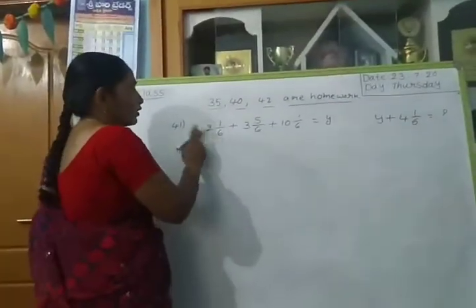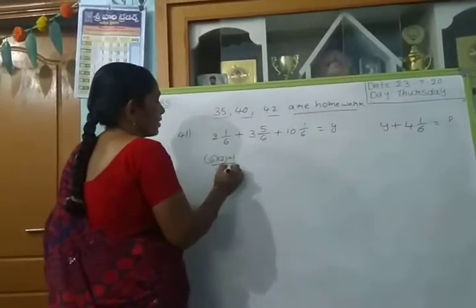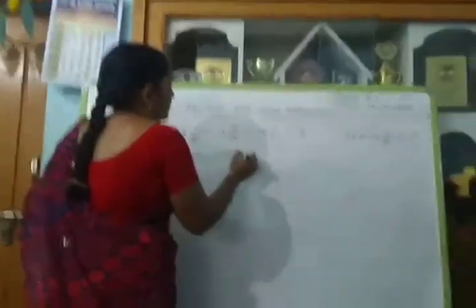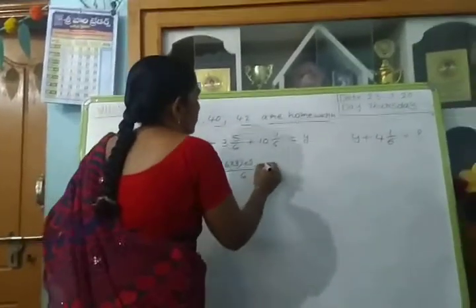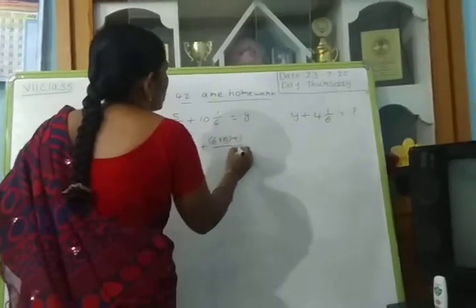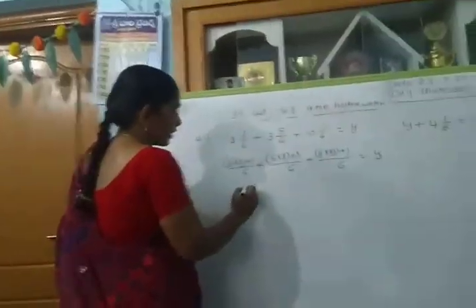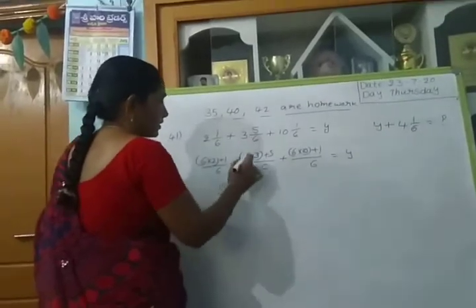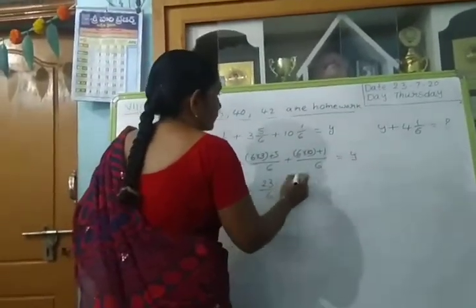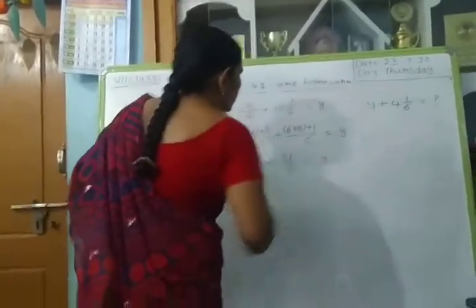If you convert into improper fractions: 6 into 2 plus 1 by 6, plus 6 into 3 plus 5 by 6, 6 into 10 plus 1 by 6. So what will we get? 6 2s are 12 plus 1, 13 by 6; 6 3s are 18 plus 5, 23 by 6; 6 10s are 60 plus 1, 61 by 6.